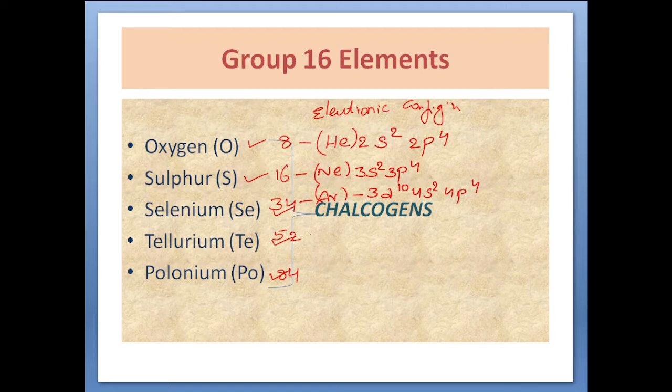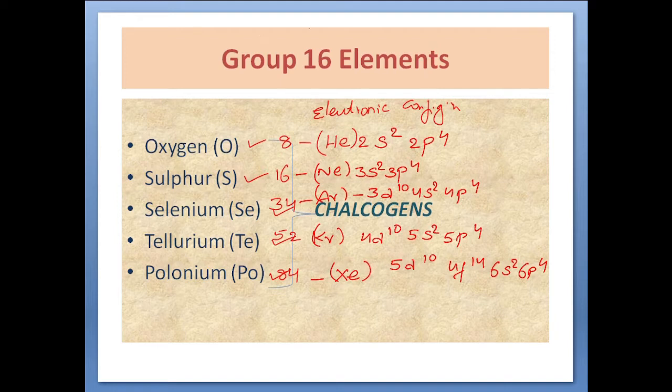Tellurium is krypton 4d10 5s2 5p4, and polonium is xenon 4f14 5d10 6s2 6p4.